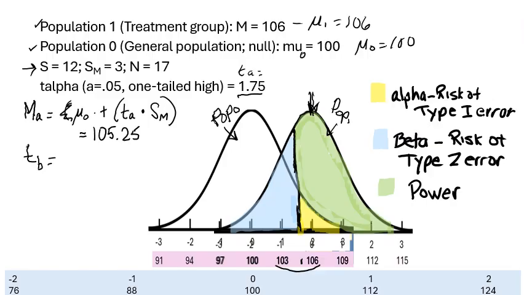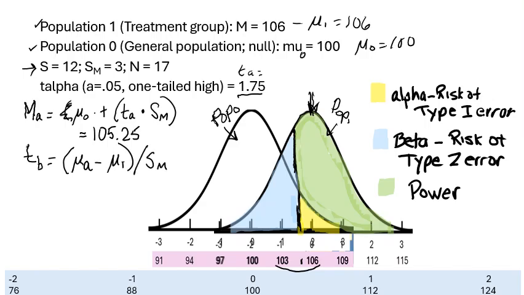We just use our normal formula for a t-score, and we're going to use these two population mu's instead. So we take the mu score for the cutoff point, mu A, minus the mu score for population 1, and divide by SM.